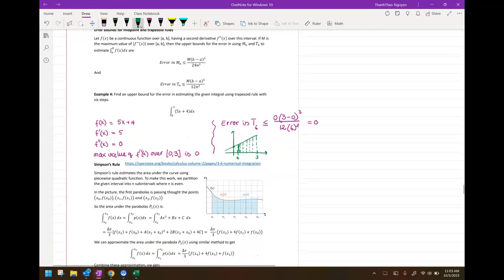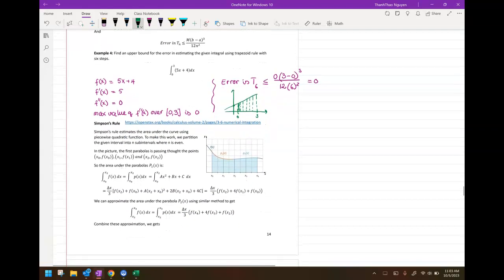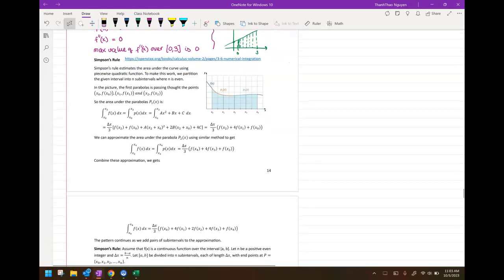So the Simpson rule. I will not go over the calculation to get to these formulas. You can read more about these formulas in our book. It's written in very much detail on how to come up with these formulas. I can tell you though, the Simpson rule is using the area under the curve where the curve that we're looking at is a parabola.